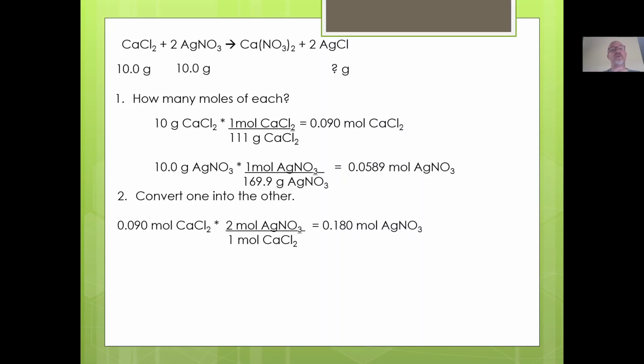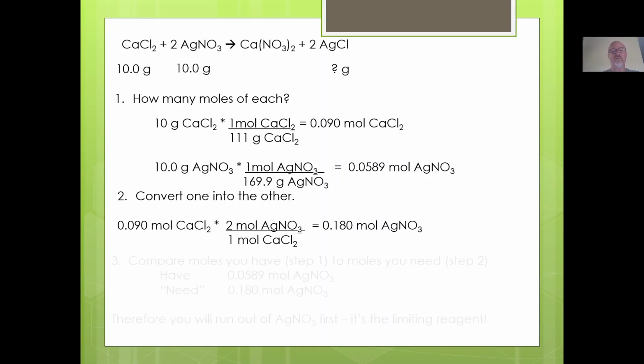Then what I can do is take one of them and, using the molar ratio, convert it into the other to say, well, how much should I need? So 0.09 moles calcium chloride, well, it's a 2-to-1 ratio of silver nitrate to calcium chloride. So I need twice as much silver nitrate as I do calcium chloride. I'd need 0.180 moles of silver nitrate to use up all the calcium chloride.